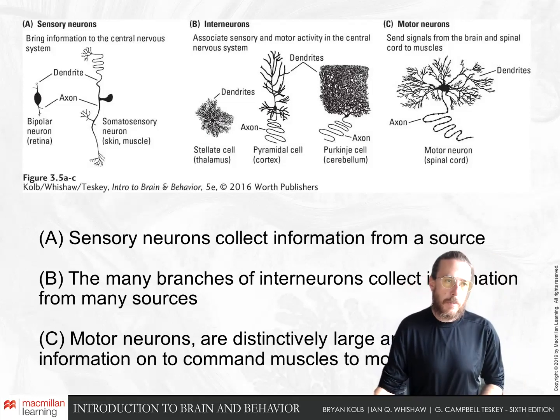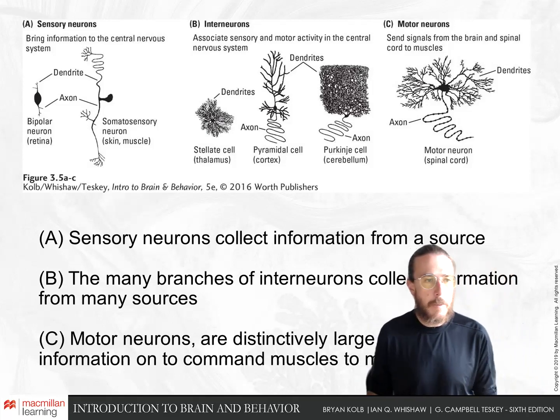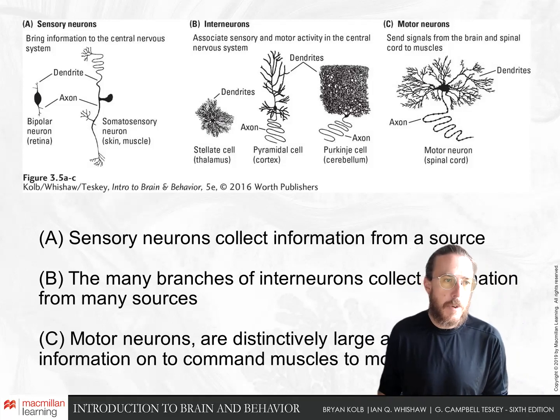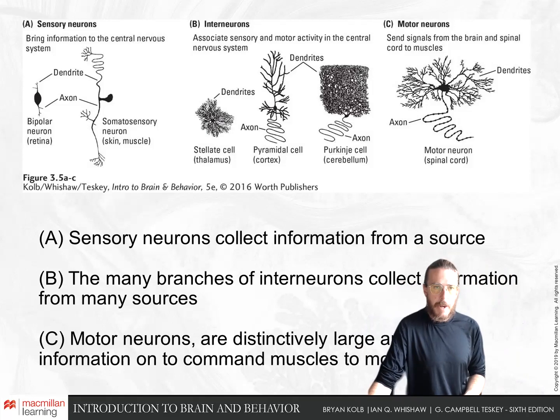We saw that there's a small section along the way where their cell bodies are, and their dendrites are actually connected directly to their axons. This is the part that can get squished when your disc protrudes when you have a bad back. Interneurons come in many different shapes and sizes. Here are three examples: stellate cells in the thalamus.